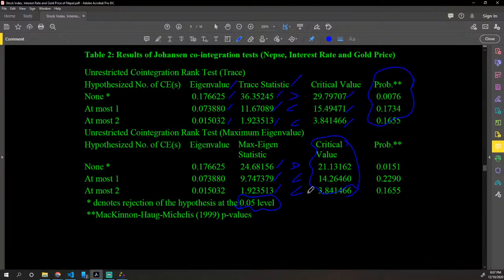Since the value is greater, the null hypothesis is rejected.